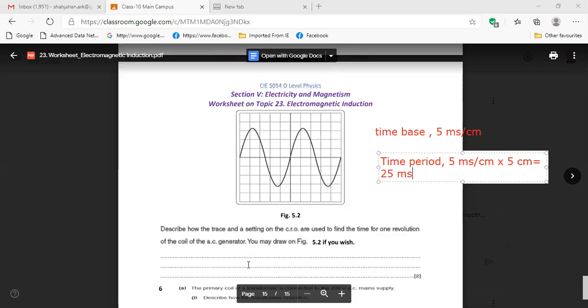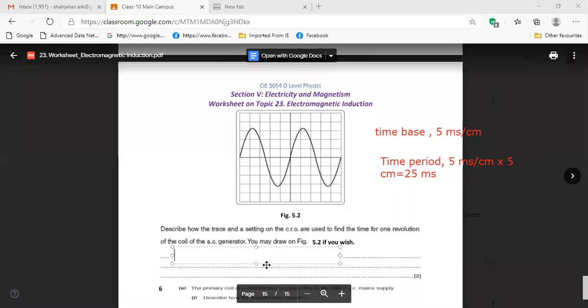So first step, you take the length of the complete cycle.